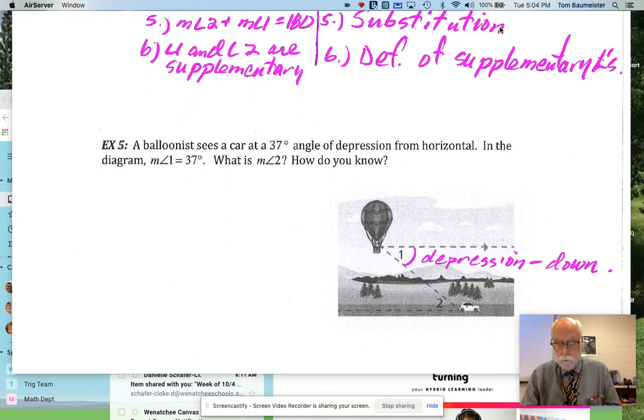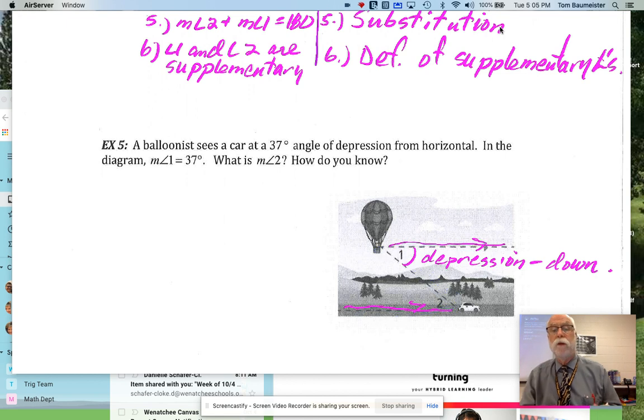All right. So if we think about this now, they're telling us that this line here, which they have an arrow on, and this one right here are parallel. So again, when something is parallel, what do we look for? We look for Z, C, or F angles. Can you see one there? All right, so I just drew a Z angle there.